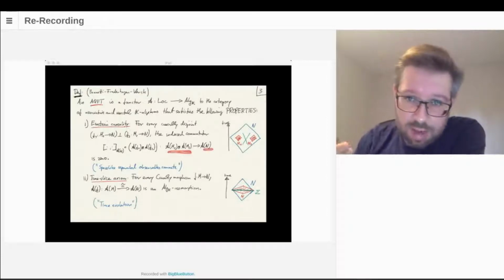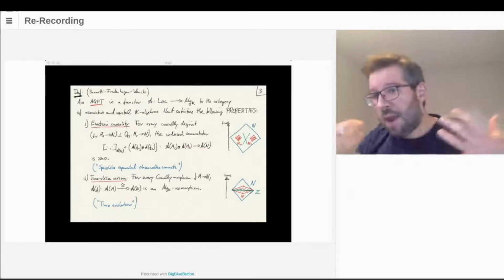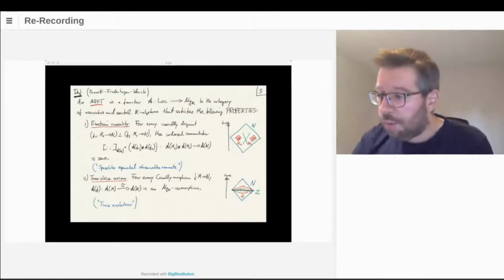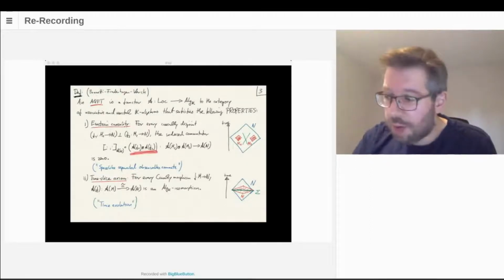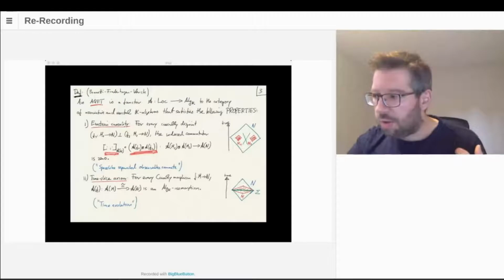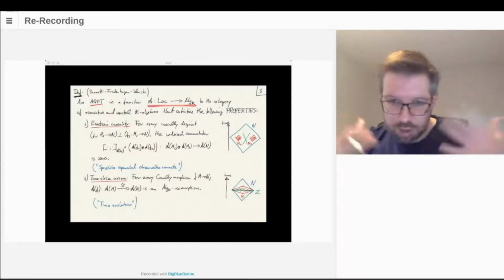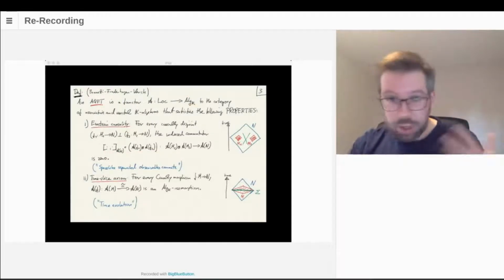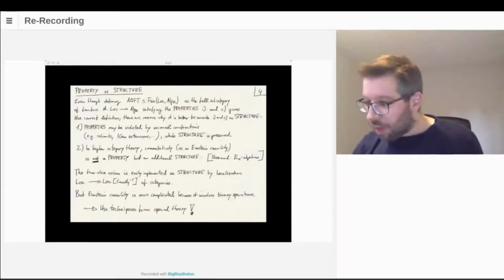So Einstein causality is a condition on a certain binary operation built up from the functor structure and from the algebra structure. It mixes the functor structure and the algebra structure in a quite funny way, so that the condition itself is binary.